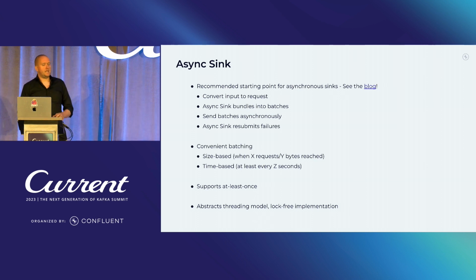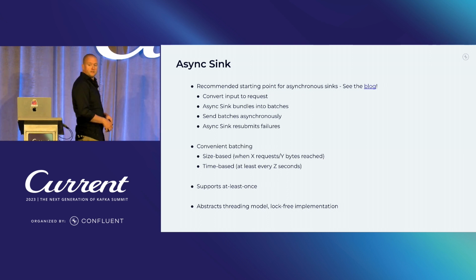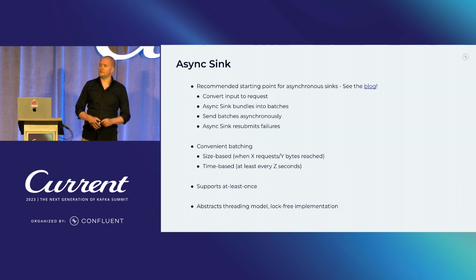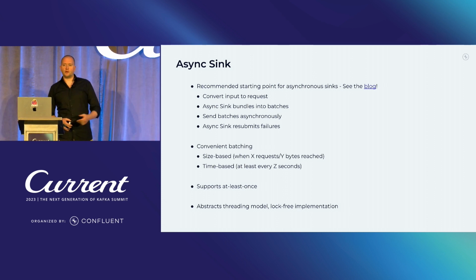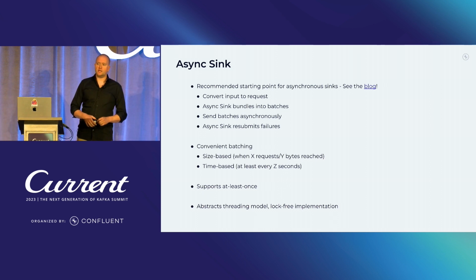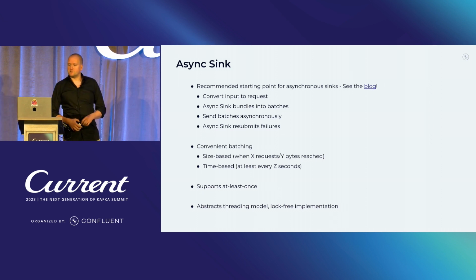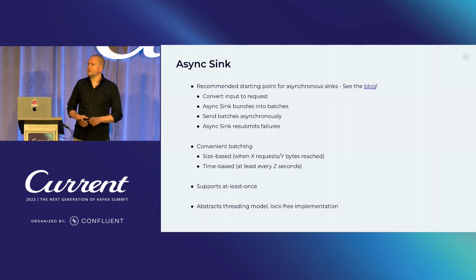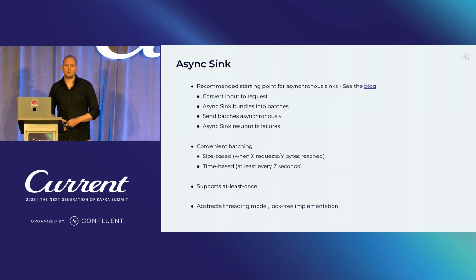Now, async is a base implementation for an asynchronous sink. And you should really use it in case you need to implement a sink that doesn't require transactional capabilities. Adding support for a destination or sink only requires a lightweight shim that implements the specific interface of the destination using a client that supports asynchronous requests.